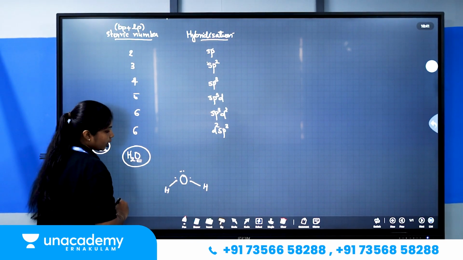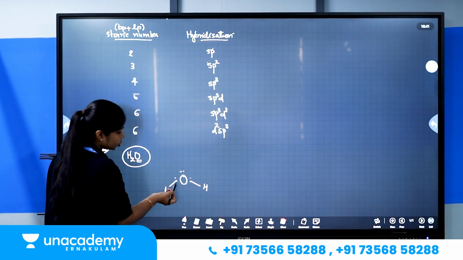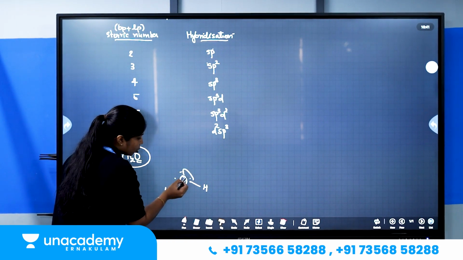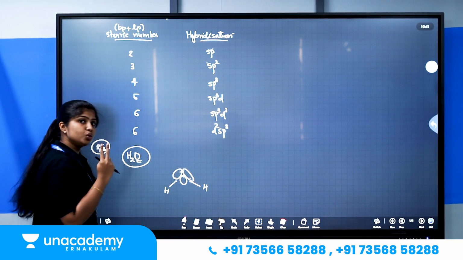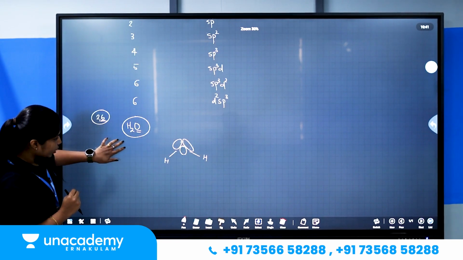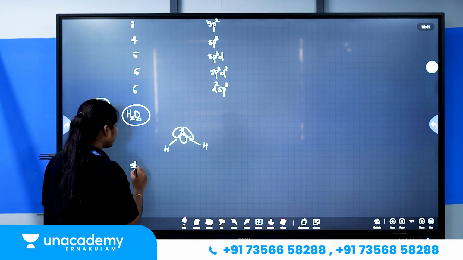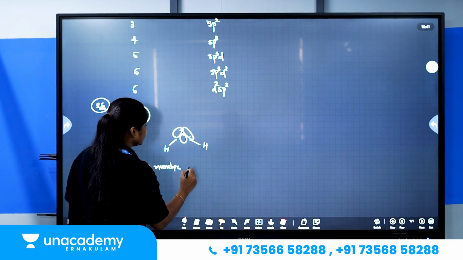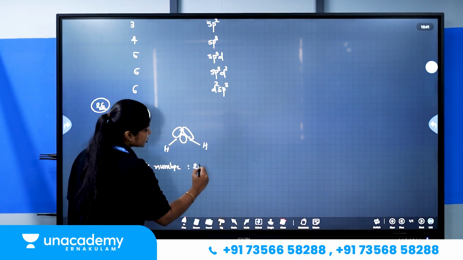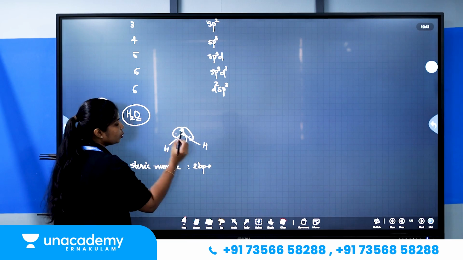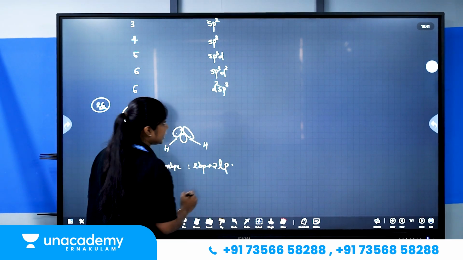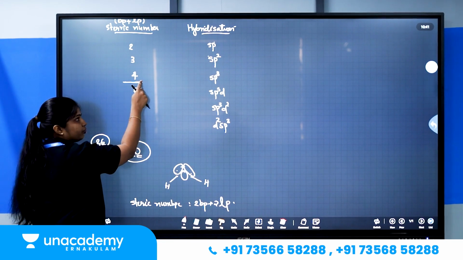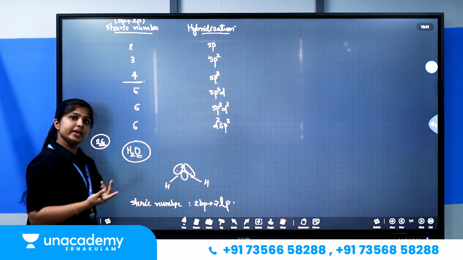Now, how many electrons are remaining? 1, 2, 3, 4. That is 2 lone pairs. So in this case, the steric number will be 2 bond pairs plus 2 lone pairs, that is total 4. Yes, if the steric number is 4, the hybridization is sp3.